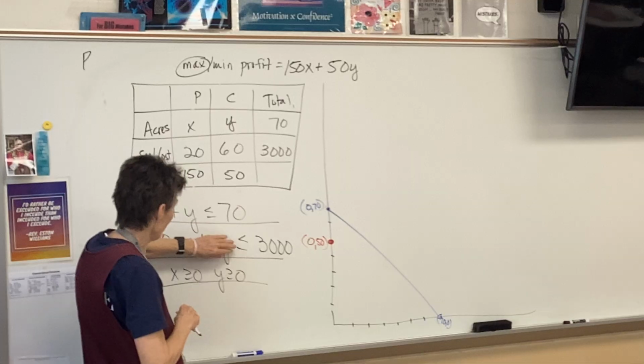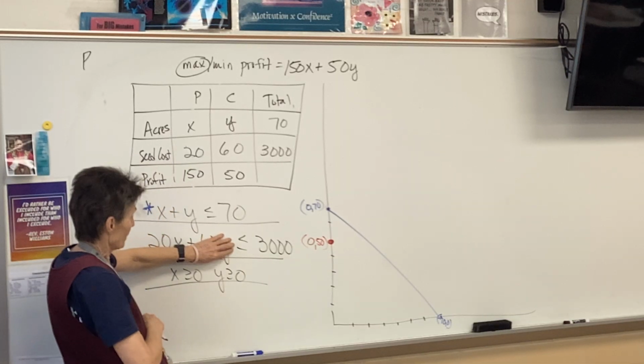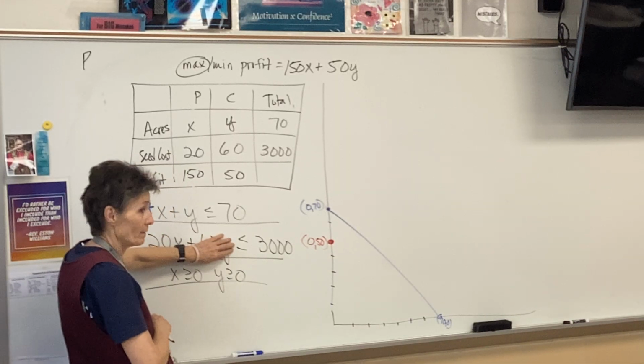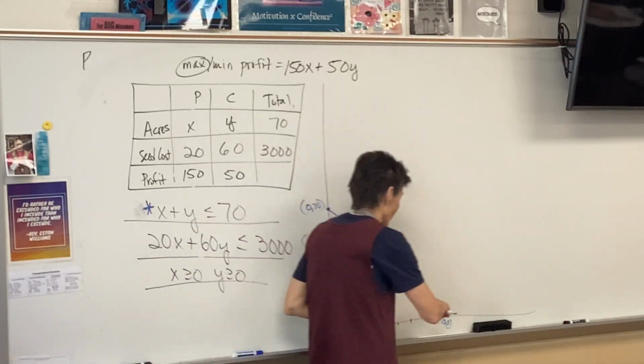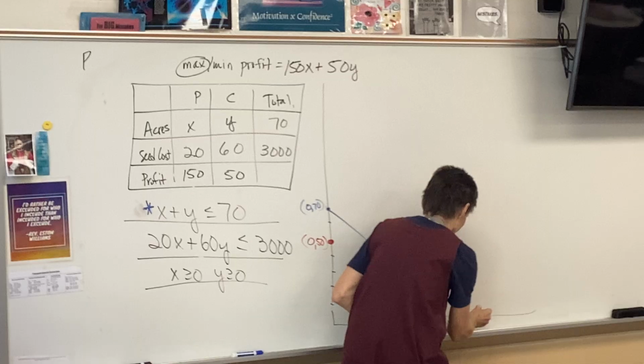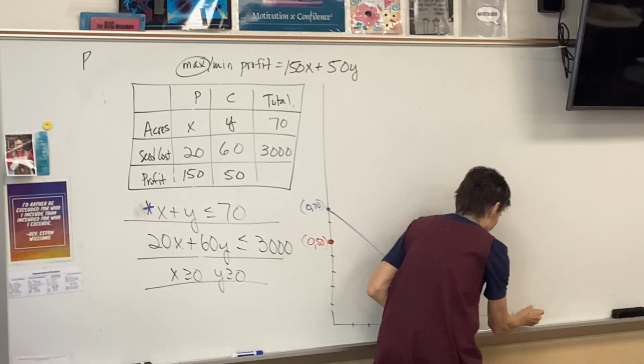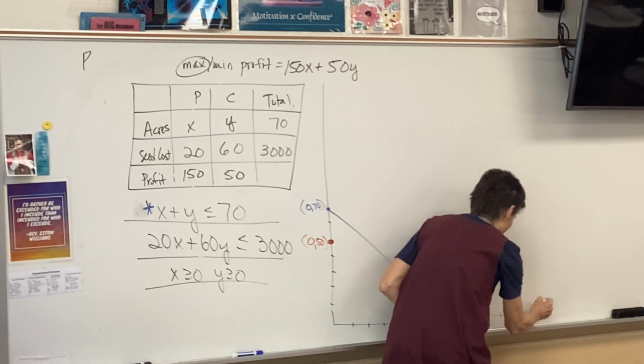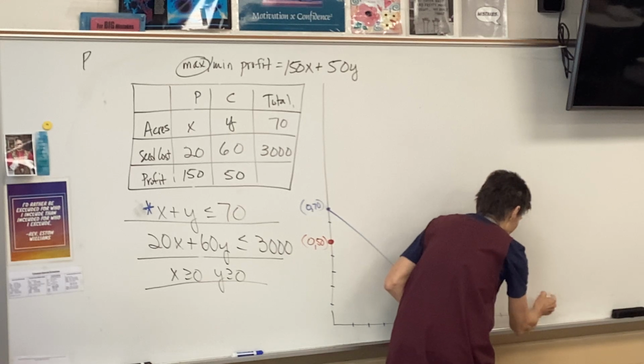Now I'm gonna cover up Y. 150. Remember, I'm counting my tens. Here's 150, comma 0.